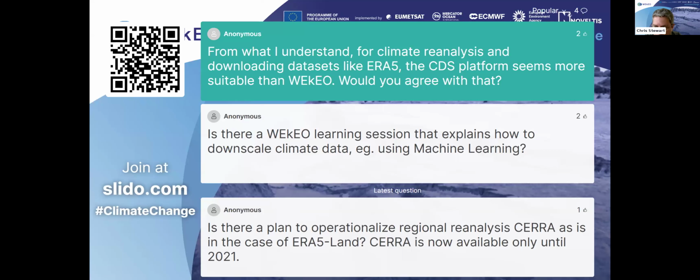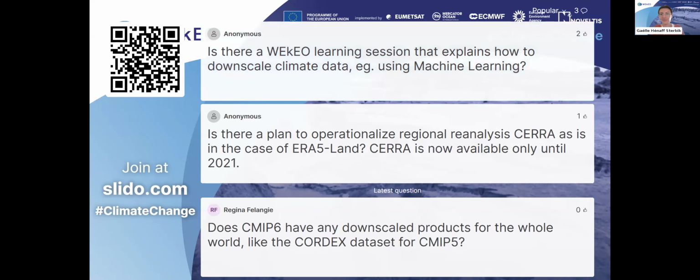And of course, you've got the virtual machines if you want computing power. So yeah, you can get data from both the CDS or from WEkEO, and I think it depends on what your application is. If you're interested in using multiple datasets, then WEkEO is probably more advantageous. Yeah, that's what I was going to say also. Thanks a lot.